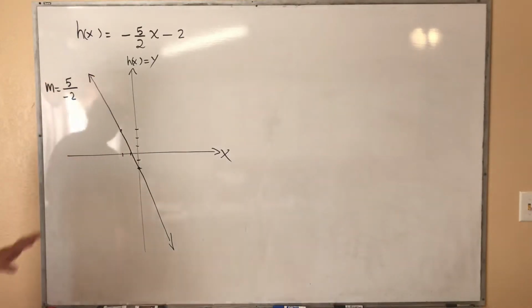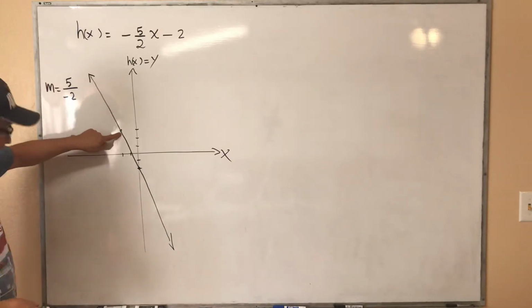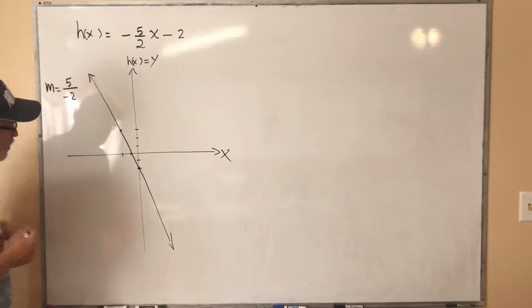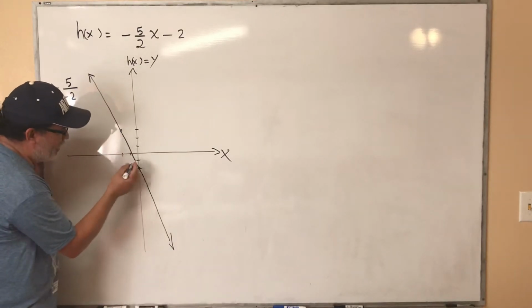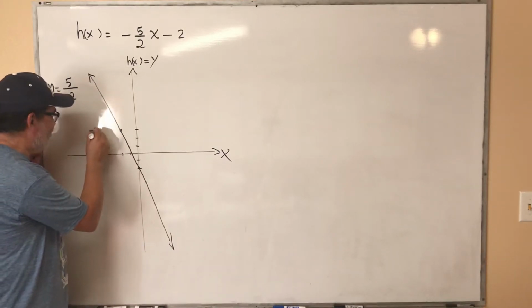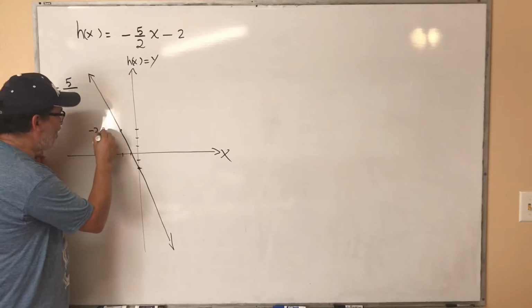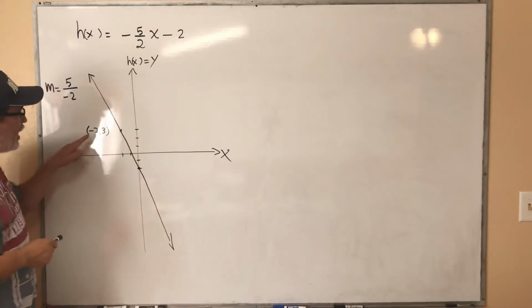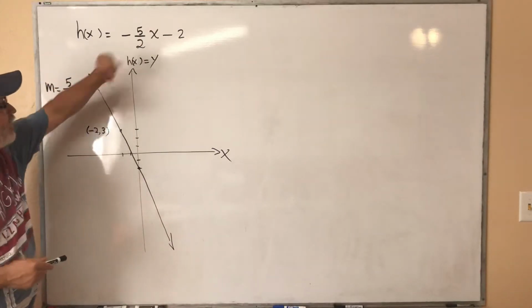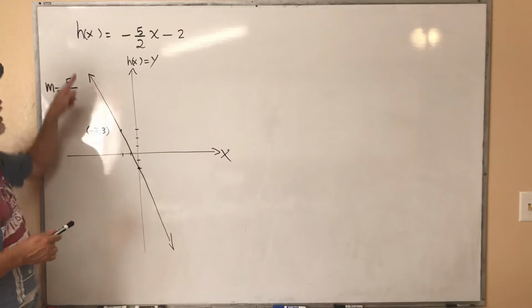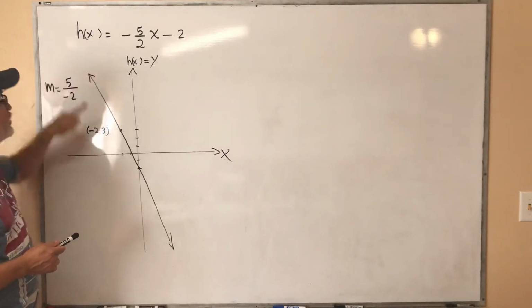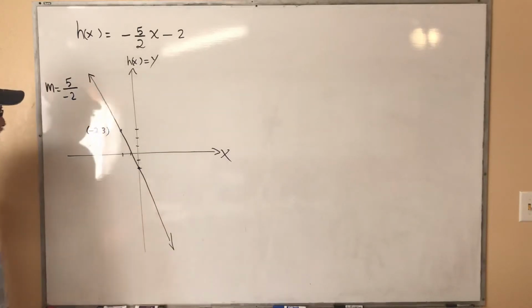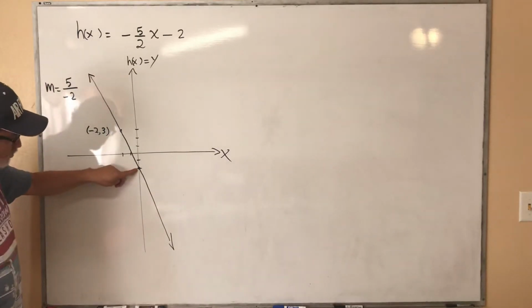Okay? Note, you can give me the coordinates of this point. What are the coordinates? The coordinates are x is -2, y is 3. If you plug in x equals -2 there, you're gonna get h of -2 is 3. Okay? Can someone give me the coordinates of this point?